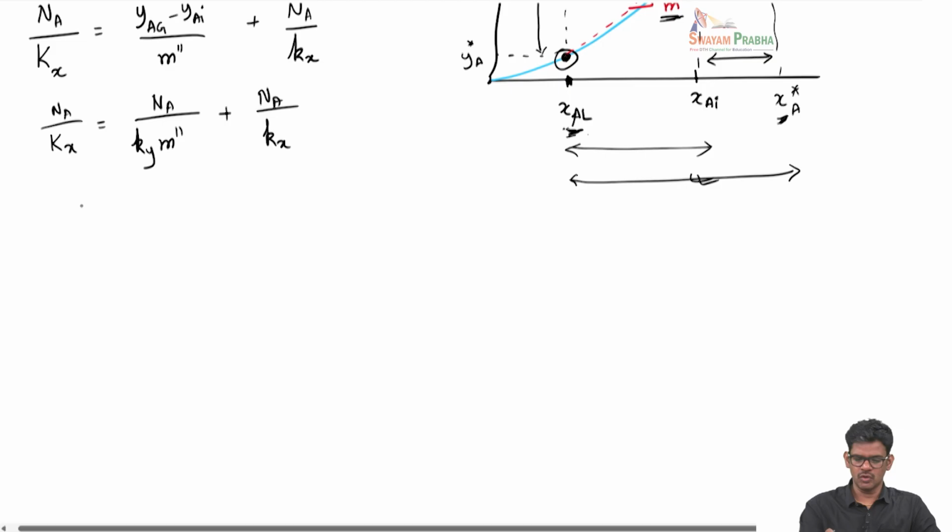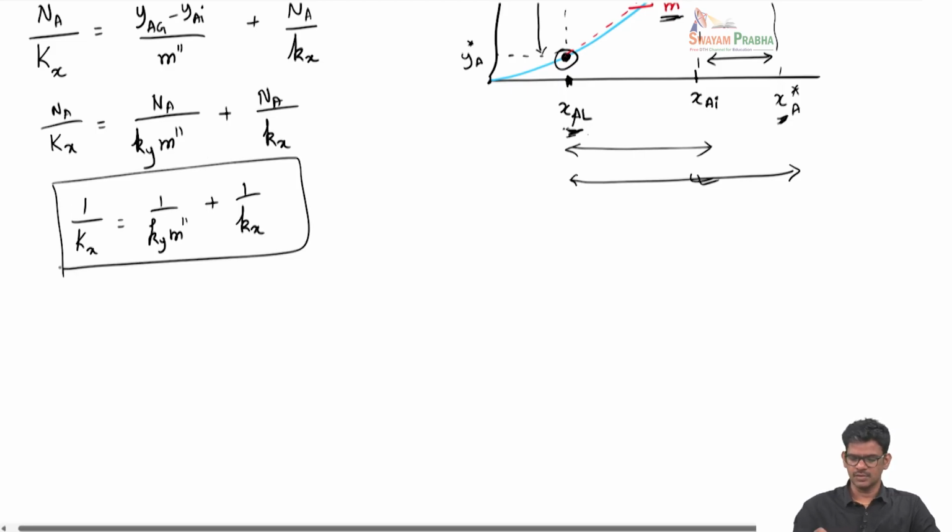Now we can take out all this Na here, so we'll have 1 by Kx is equal to 1 by Ky times m double prime plus 1 by kx. So this is the overall mass transfer coefficient based on the liquid side compositions.